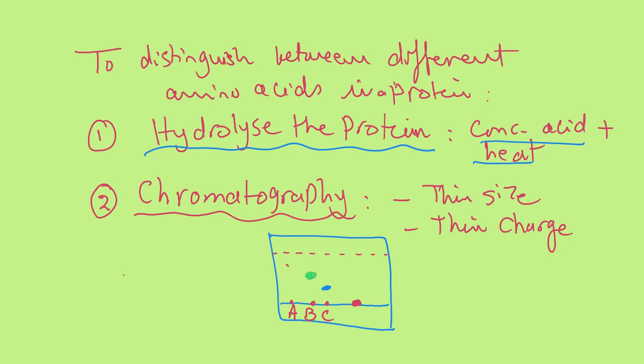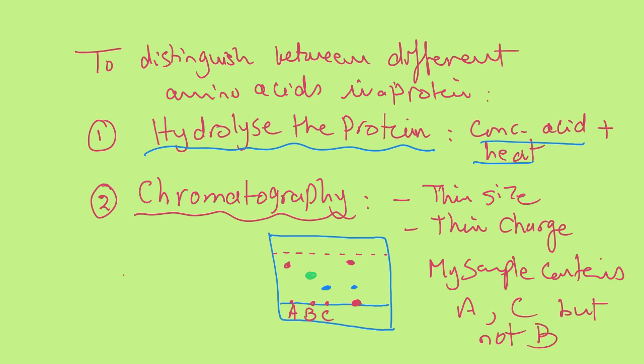Sometimes the protein does have the amino acid that you are looking for, like this. So I can say that my sample contains which amino acids here? It does contain amino acid A and C, okay, but not B.